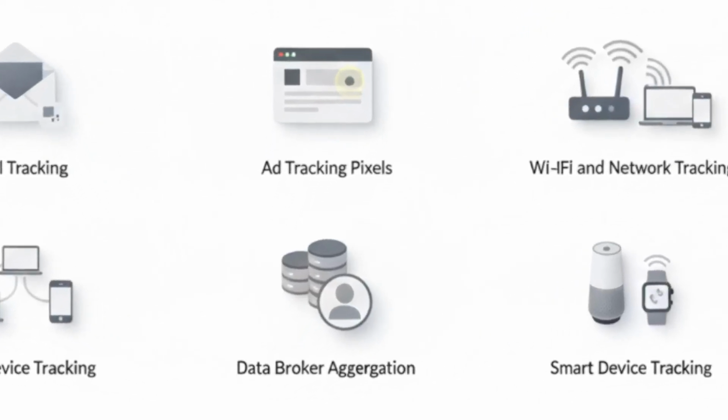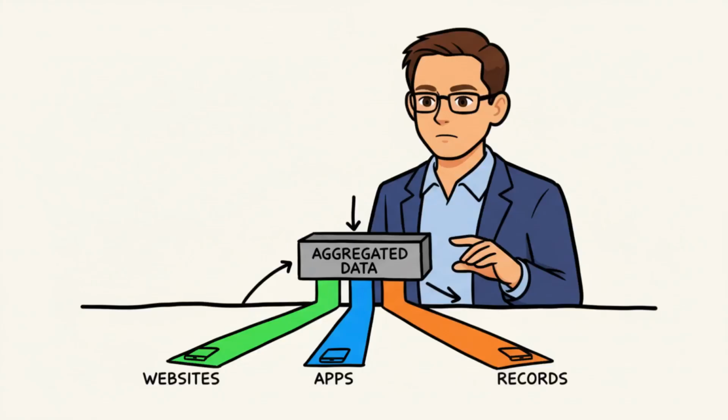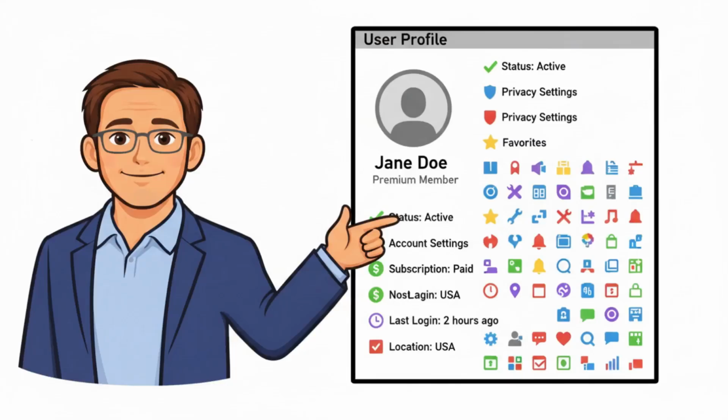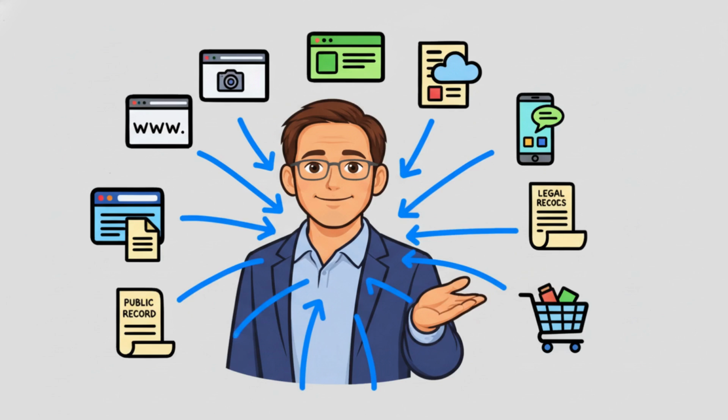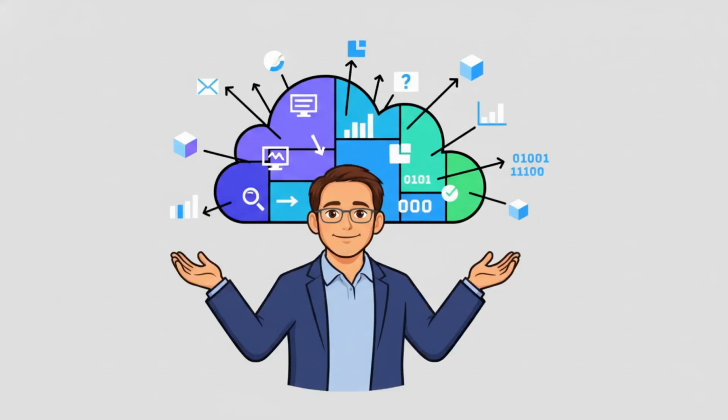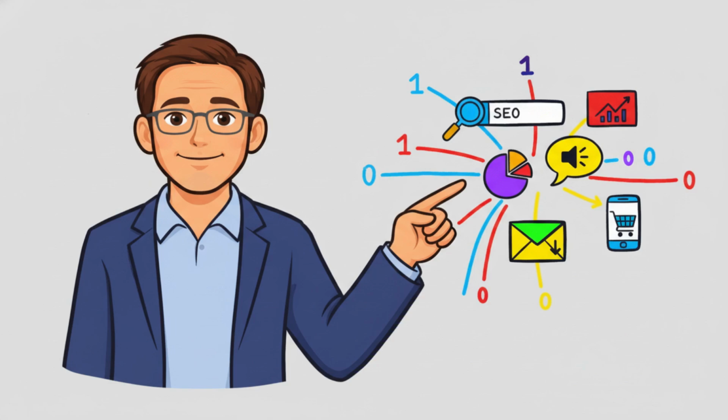Data broker aggregation. Data broker aggregation involves collecting data from multiple sources and combining it into large, detailed profiles. Data brokers gather information from websites, apps, public records, and purchases. This practice expanded alongside the growth of big data and digital marketing.